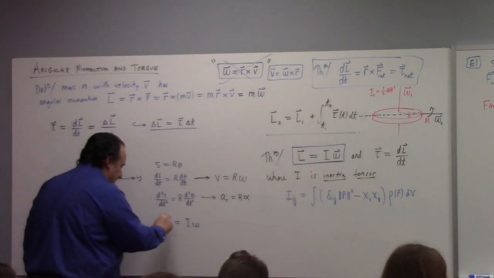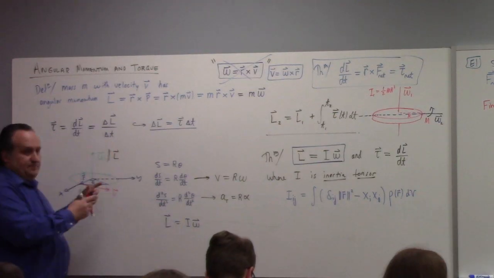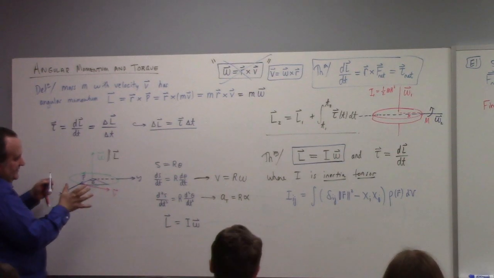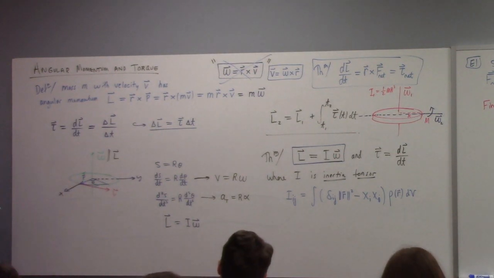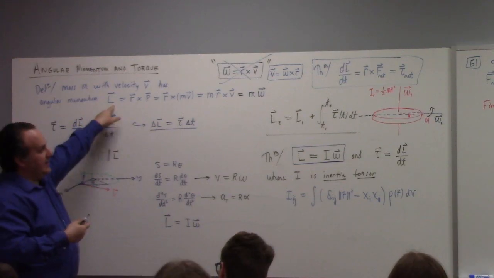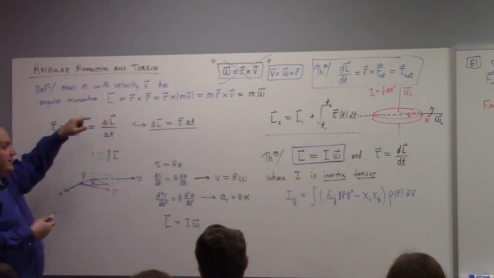And we could add vectors here because the angular momentum and the angular velocity are aligned, they're parallel. In general, they don't have to be aligned. Excuse me, my bad. I think it's a tautology that the angular momentum and the angular velocity are aligned. That's essentially contained in this thing up here, right?